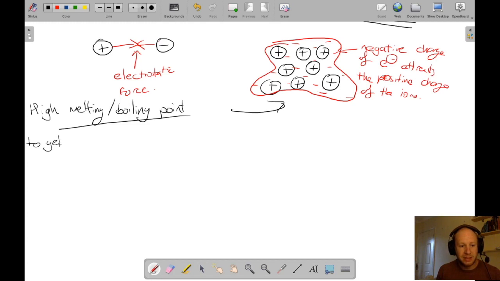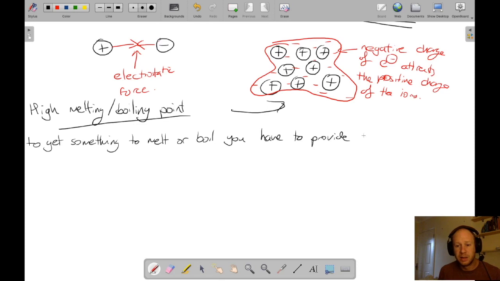To get something to melt or boil, you have to provide energy.